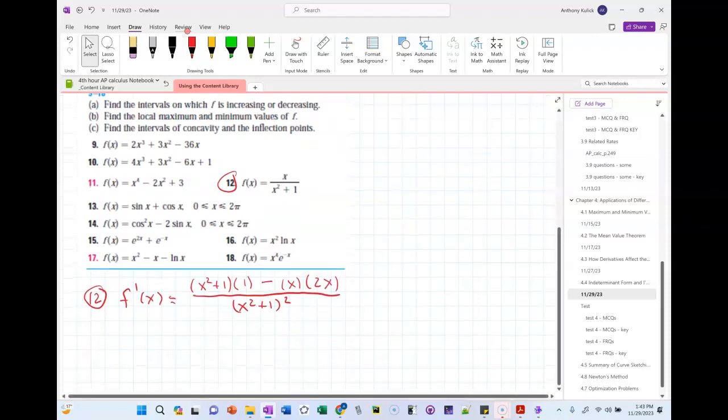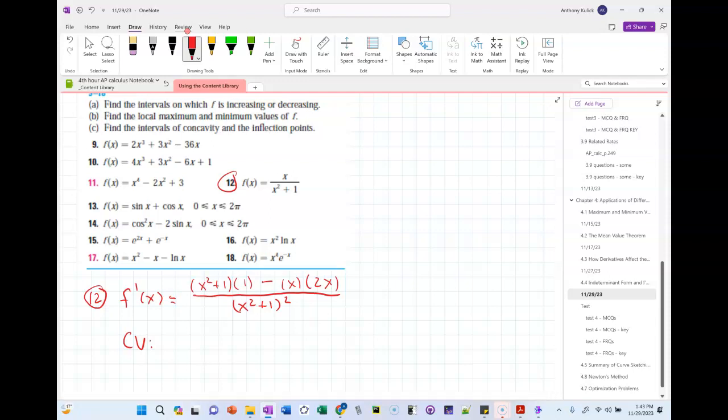So now I'm going to look for the critical values. First thing I'm going to do is look at the domain of f and the domain of the derivative to see if there are any places where they differ. So what's the domain for f here? It's a quotient function, right?